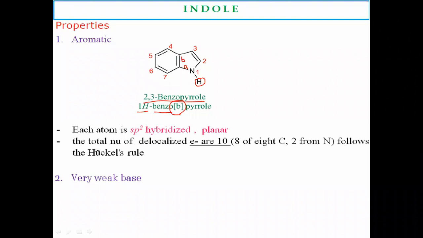This B face is bound with this benzene. That's why this name is called B face of pyrrole. The correct IUPAC name for indole is 1H-benzo[b]pyrrole.